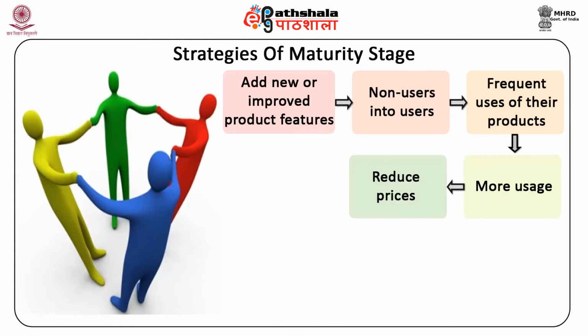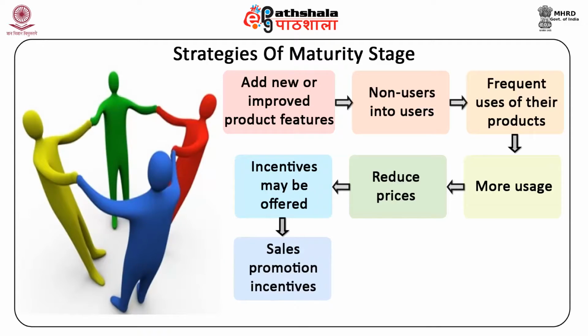Next, prices may have to be reduced to attract the price sensitive consumers away from the competitor. Next, distribution becomes more intensive and incentives may be offered to the middlemen to encourage them to hold their product over competing products. Next, promotion emphasizes the product's differentiation over that of the competitors.